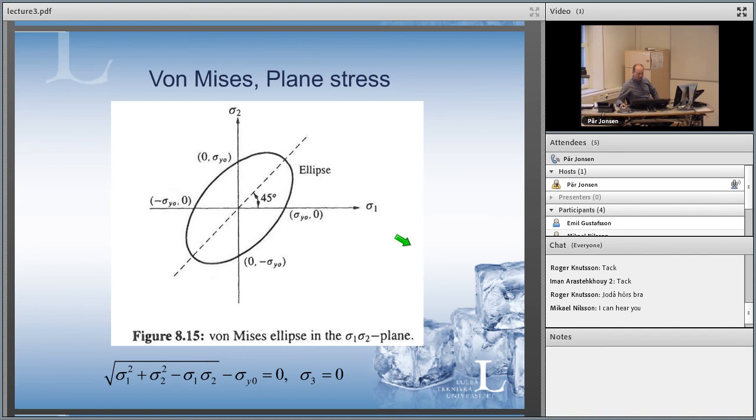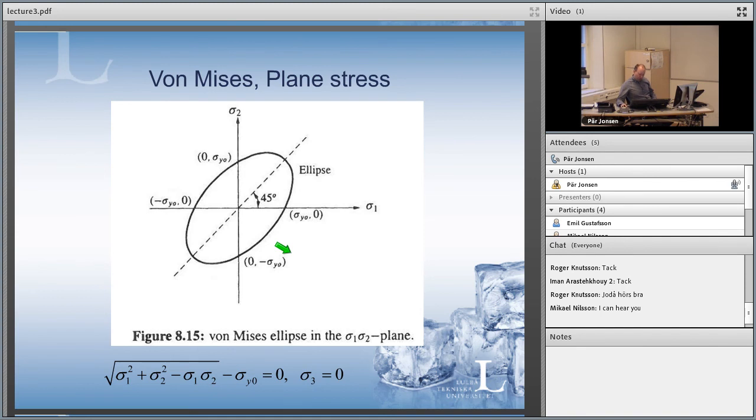If you look at von Mises in plane stress, you don't have any stresses in the third direction. You see, sigma 3 will be 0. And you project that one. You take away one axis, and then you project it. You will have a shape like this. You have sigma 1, sigma 2, and here's a combination.